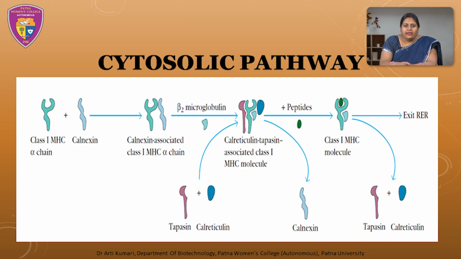The subsequent binding of beta 2 microglobulin, which is the other chain of the MHC class 1 molecule, releases calnexin and allows the binding of the chaperonins calreticulin and tapasin, which is associated with the peptide transporter TAP. This association promotes binding of an antigenic peptide, which stabilizes the class 1 molecule peptide complex, which allows the release of the MHC1 molecule along with the peptide from the RER.